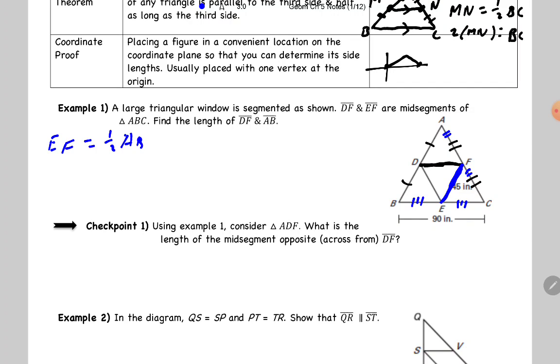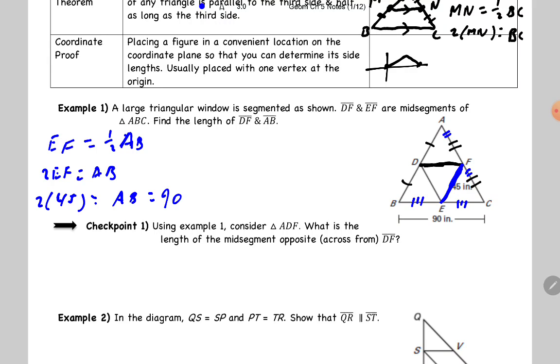So AB is the third side. Or you can say 2 times EF is equal to AB. So 2 times 45 inches, because we know EF is 45 inches, is equal to AB. So AB equals 90.